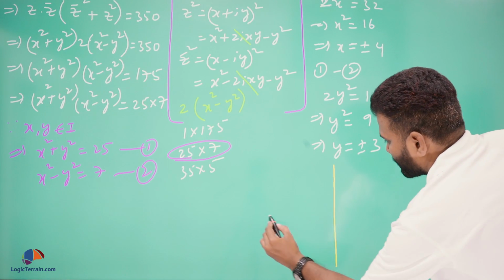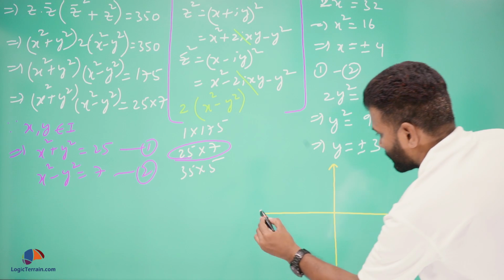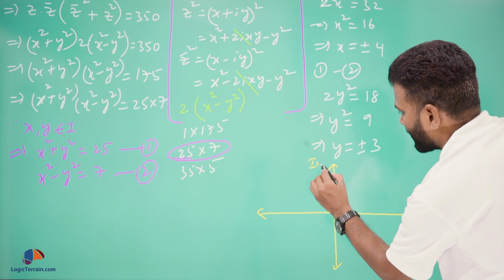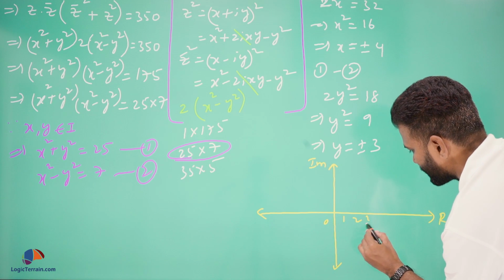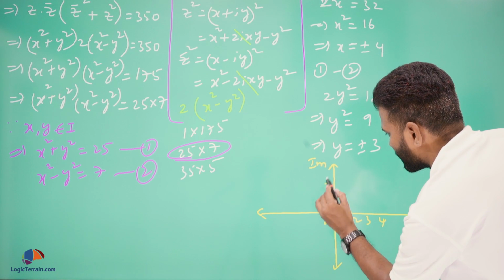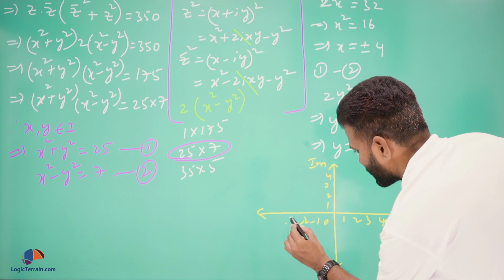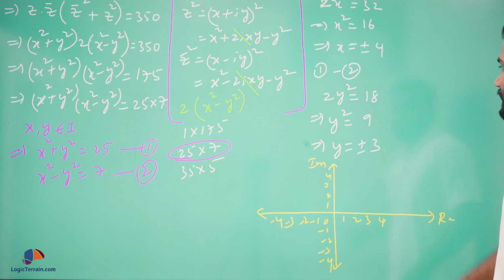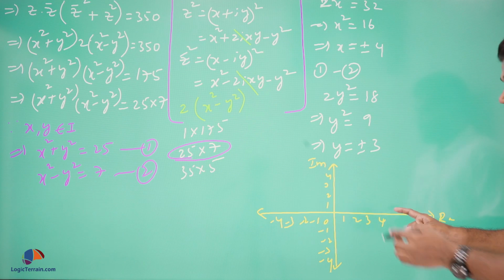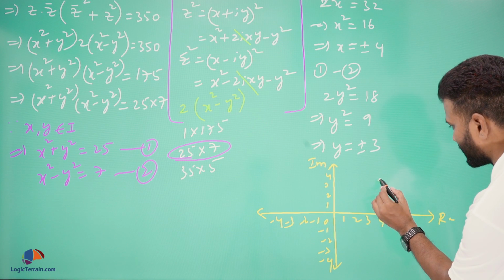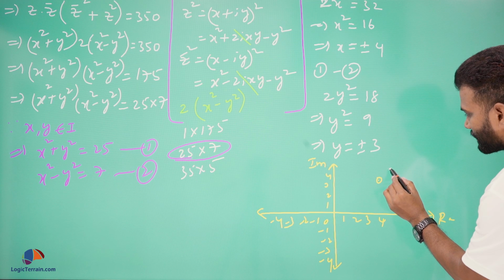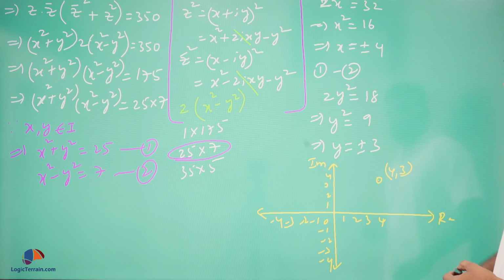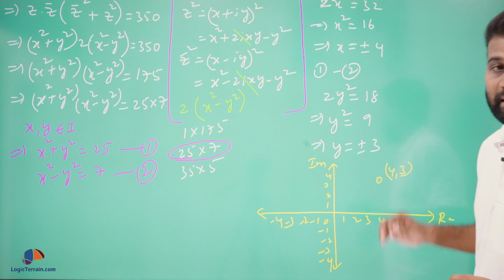Let us look at the points. Assume the real line and the imaginary line. The first point is plus 4, plus 3. So let us say this is the first point, 4 comma 3, and the second point is minus 4, plus 3.